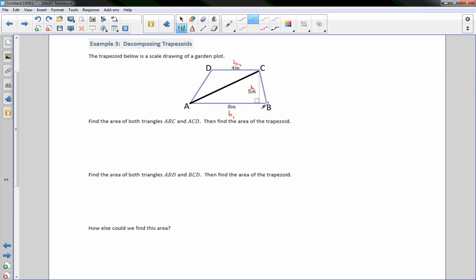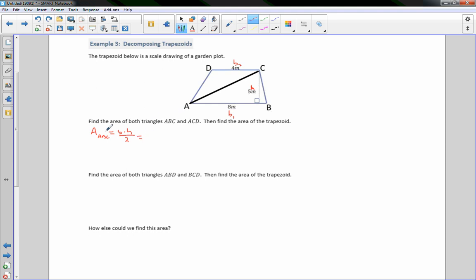And now I have this triangle here. Okay. So the area of triangle ABC equals base times height divided by 2.